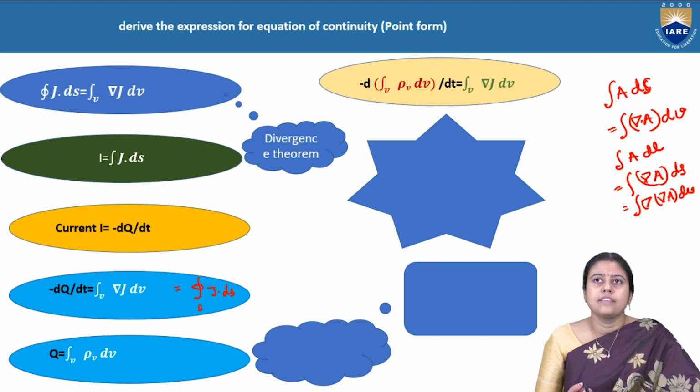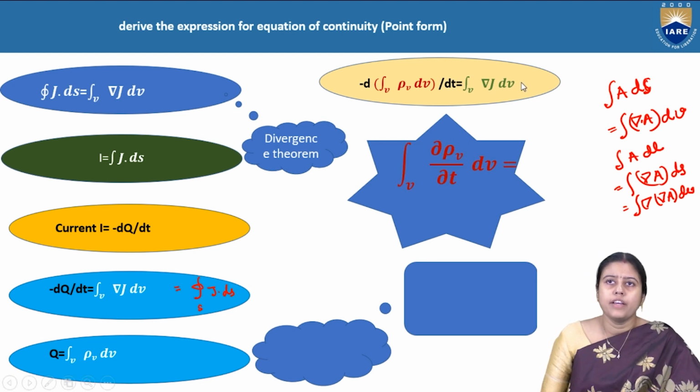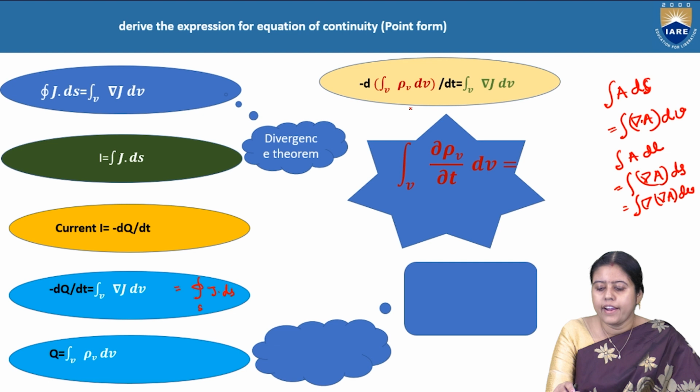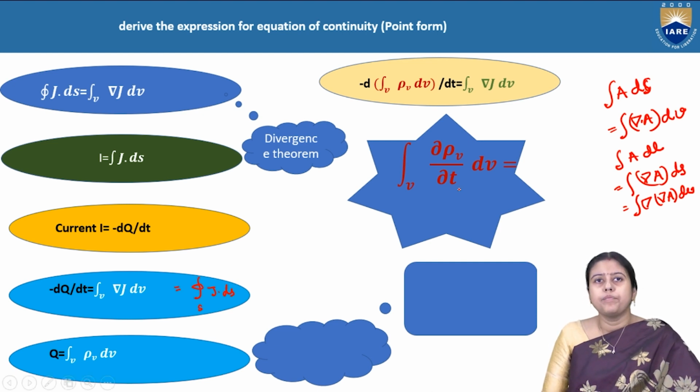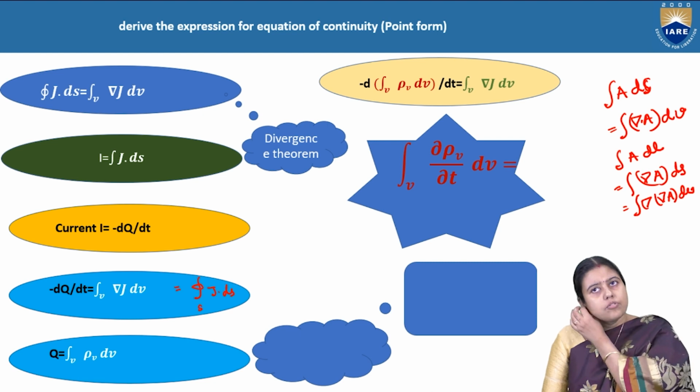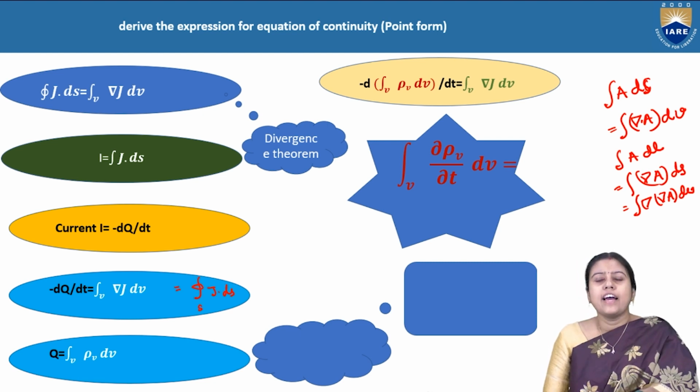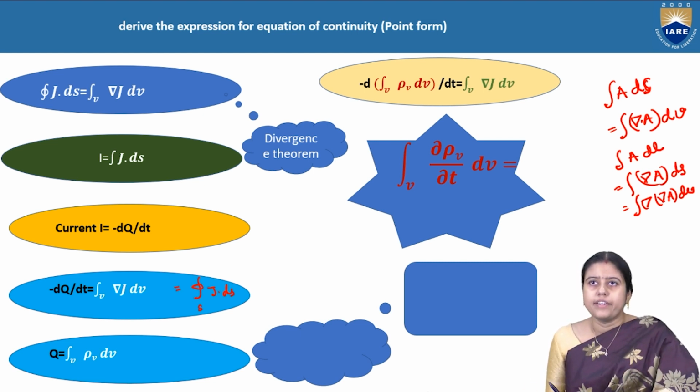Both sides have dv, so we can remove it from both sides and write delta rho v by delta t. Why delta? As the charge is in three dimensions, we can use delta instead of d. It is a better choice.